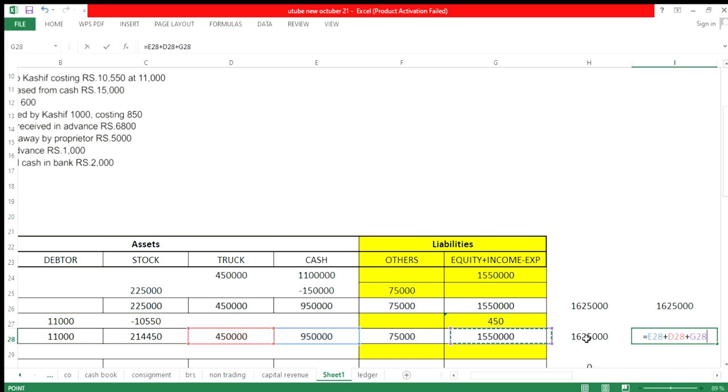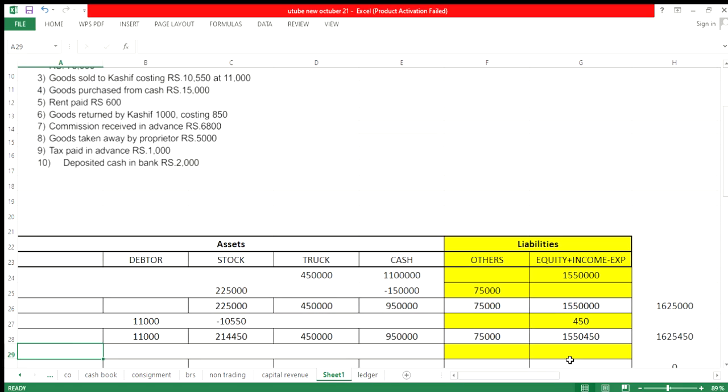It depends upon you. If you want to take the sum again and again, you can do it. Otherwise, there is no compulsion. Since it is important, alright. So here we have got 1625450. So here our process is completed. Entry is also completed.